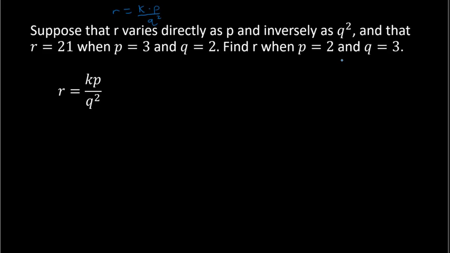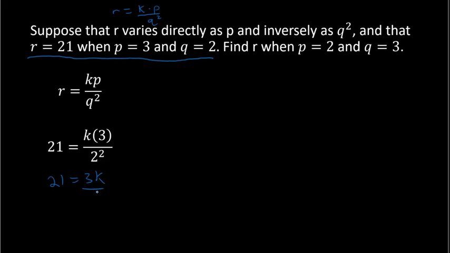And then from here, I need to look at scenario 1, which is right here, and plug in these numbers to find k. So plug a 21 in for r, plug a 3 in for p, and a 2 in for q. When I do that, I'm going to have 4 on the bottom. So I have 21 equals 3k over 4. And then I can get rid of the 4 by multiplying both sides by 4.